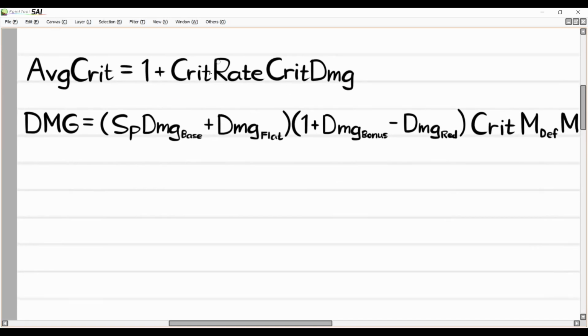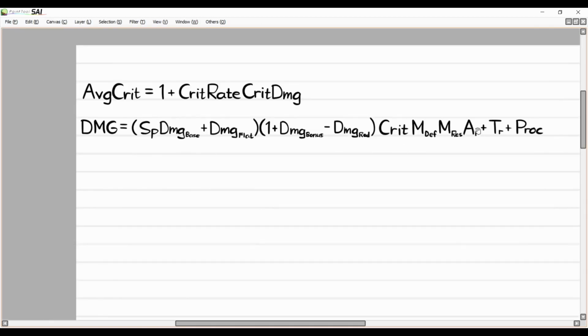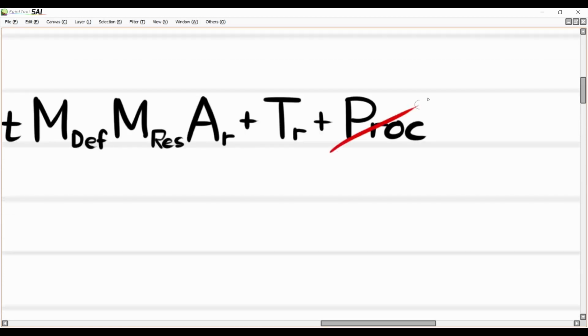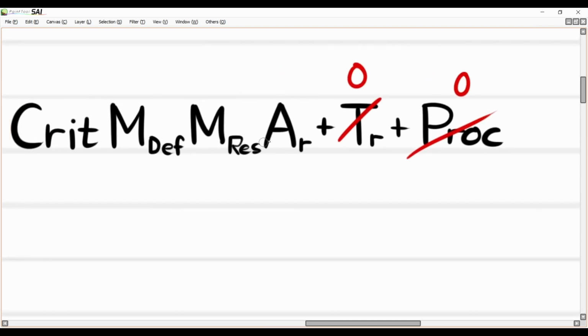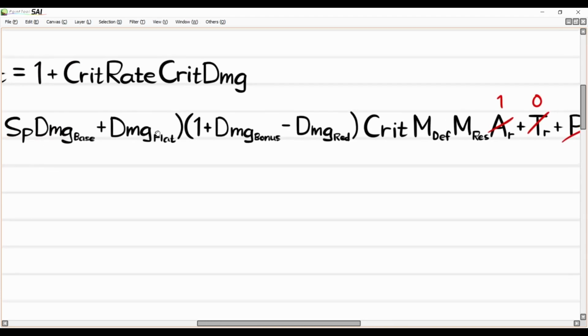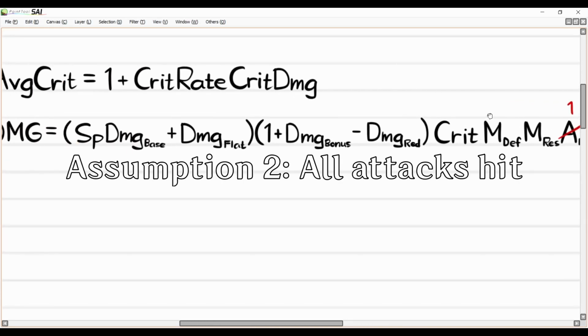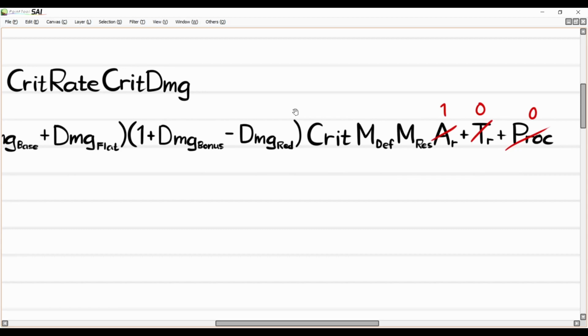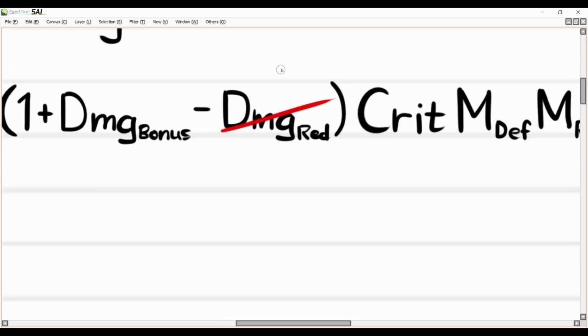But luckily for us, there are a lot of multipliers that are practically gone. For instance, proc is going to be 0, transformative reactions 0. Amplifying reactions, in this case, is going to be 1, because we're multiplying it with everything, and if you multiply by 0, you basically have 0 damage, which is not possible. Then we have damage reduction. We're not being nerfed, so I'm going to say this is 0.